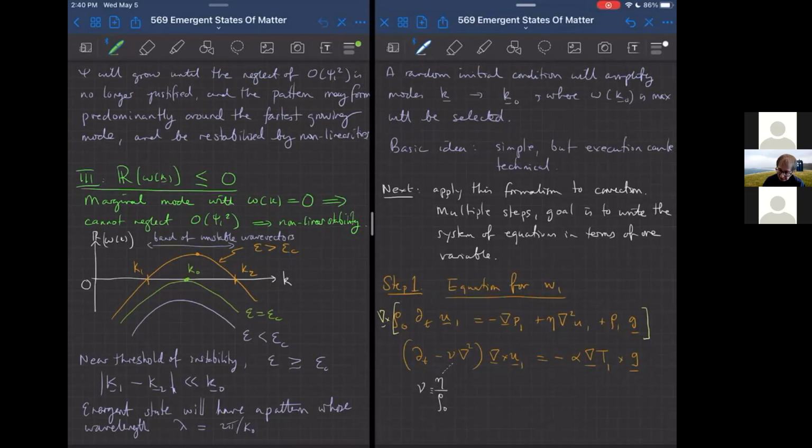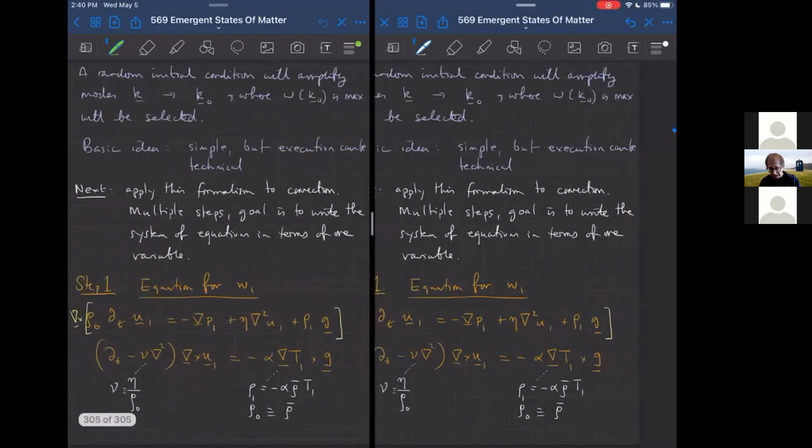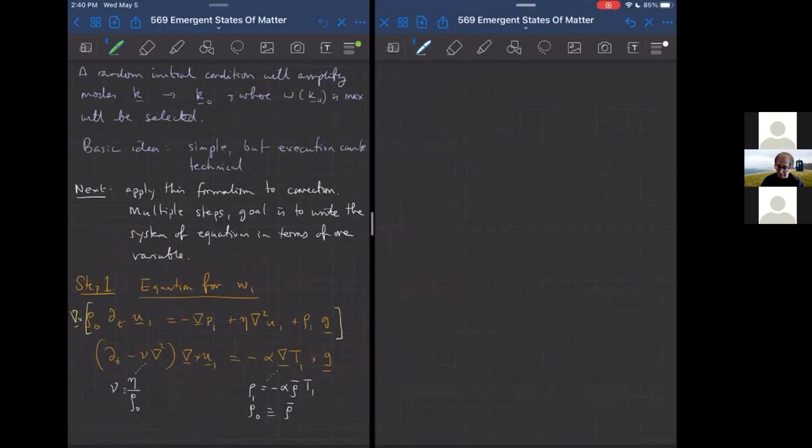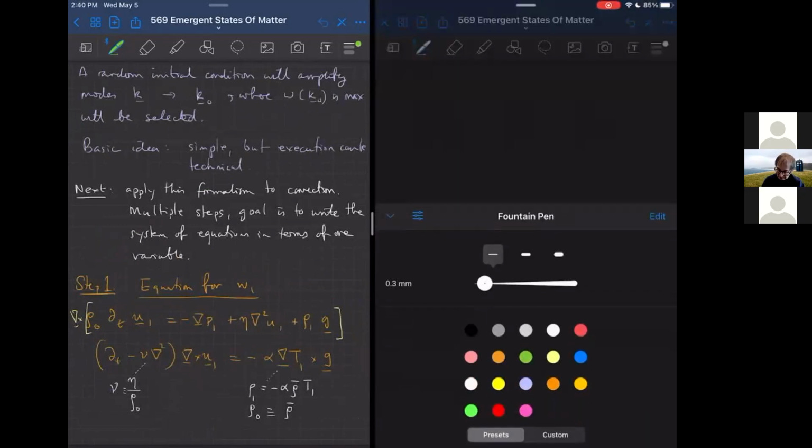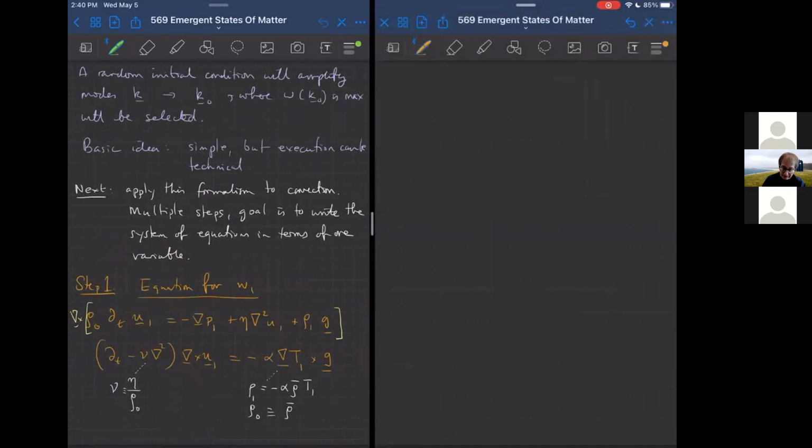That came from the fact that rho 1 is equal to minus alpha rho bar T1, and I'm assuming that this rho naught is what I've called the reference density rho bar. Okay, so that's just some big mess. So we can get rid of this mess a little bit by taking another curl.